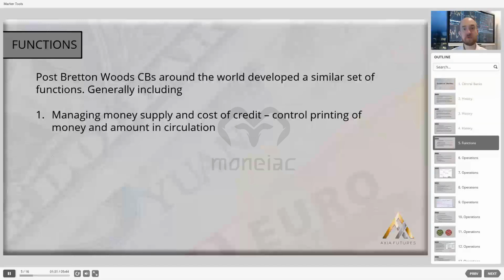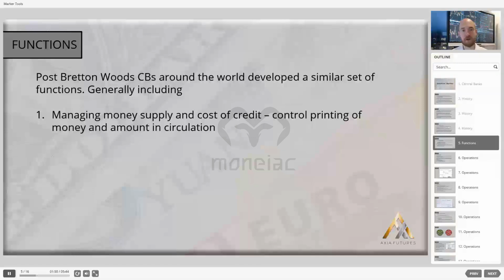Now, if you control the supply of money, you can then print additional money in times when the economy needs it. This alleviates liquidity issues, but also by printing more money, there's a greater supply of money. Therefore, people demand less interest to lend that money because they know that money is easy to come by.